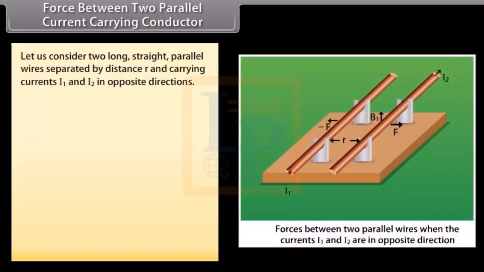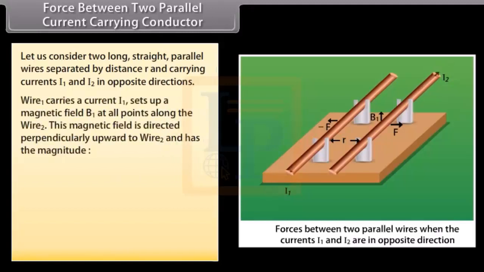Force between two parallel current-carrying conductors. Let us consider two long, straight, parallel wires separated by distance r and carrying currents I1 and I2 in opposite directions. Wire 1 carries a current I1, which sets up a magnetic field B1 at all points along wire 2.